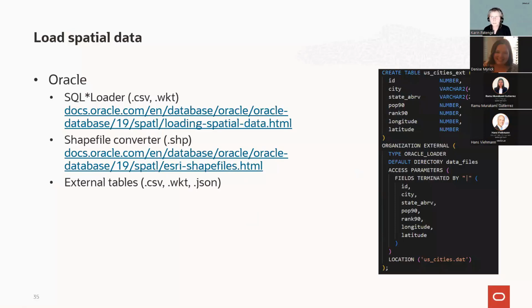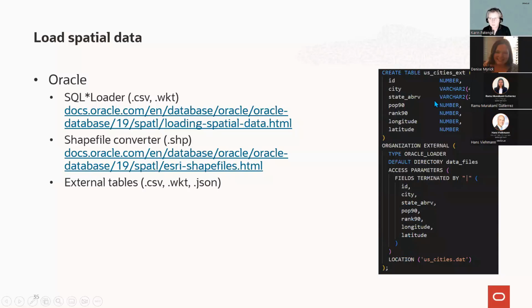If you create a table that is pointing to an external data set, you have this clause here, organization external, and there you define certain parameters, and as part of the parameters, you also have the definition of the fields you want to load. In this case, we have a CSV data file that contains the longitude and latitude values as numeric values.